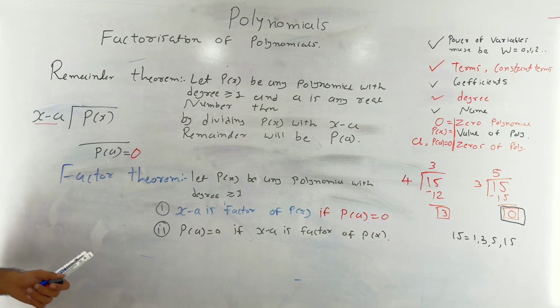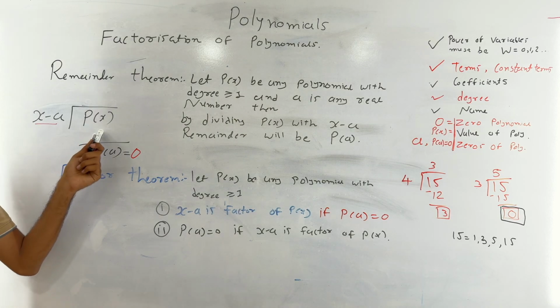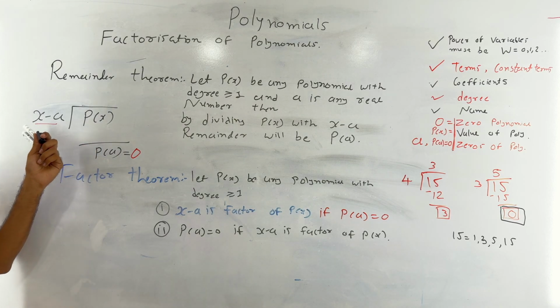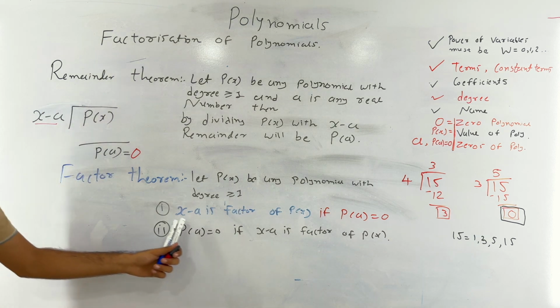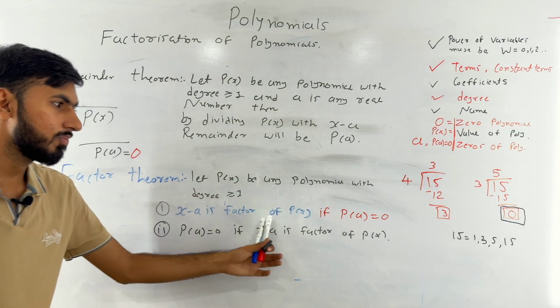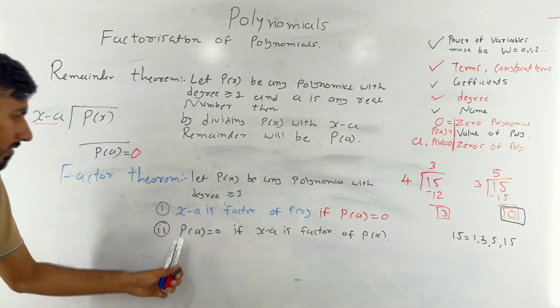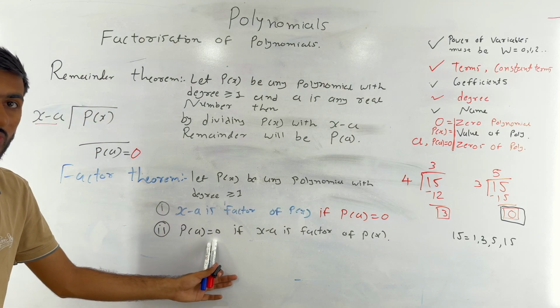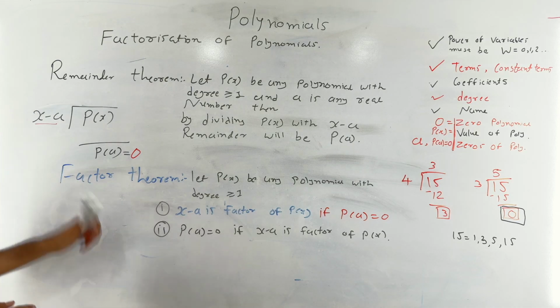So the factor theorem states that if you get remainder equal to 0, that means x minus a is a factor of p(x), or if x minus a is a factor of p(x), then you will get remainder equal to 0. And another one is p(a) is equal to 0 if x minus a is a factor of p(x), right? So this is your factor theorem, right?